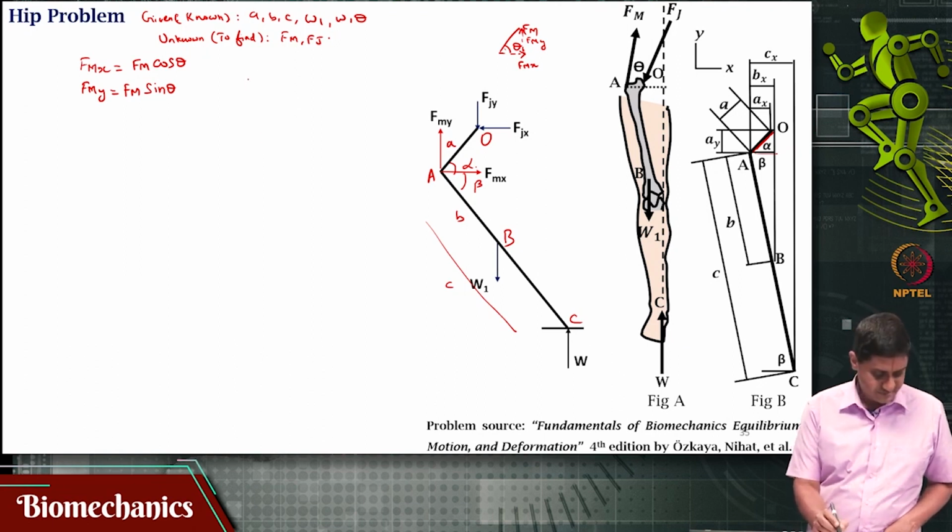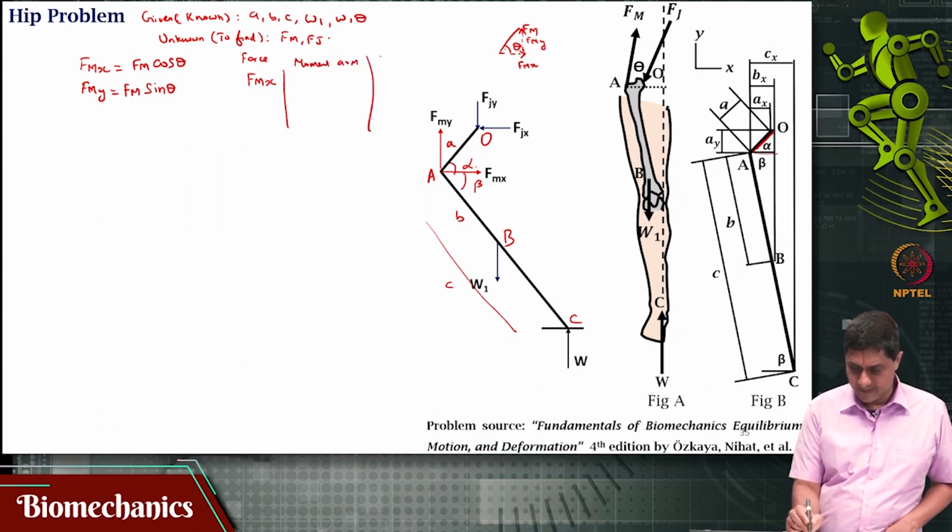Fmx, force, moment arm, direction. It is useful to come up with a table like that for your own understanding and clarity.